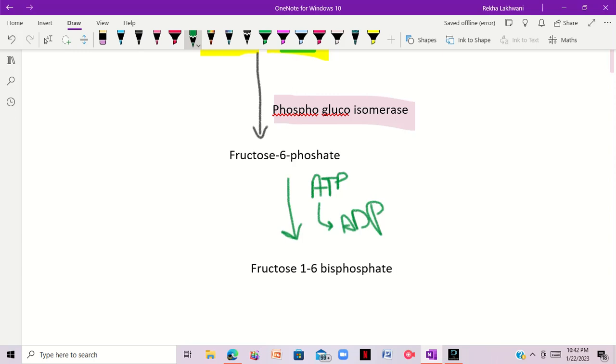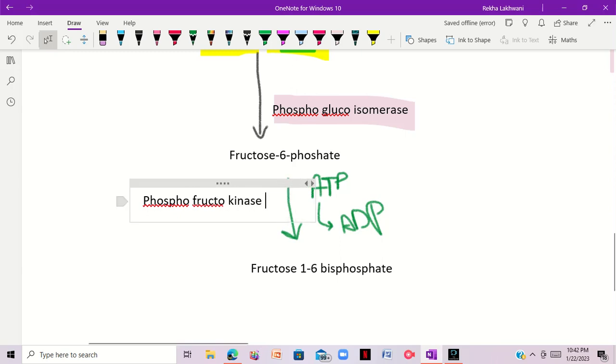As you can see, there is activity of ATP, so there must be some kind of kinase. Here the enzyme is phosphofructokinase.